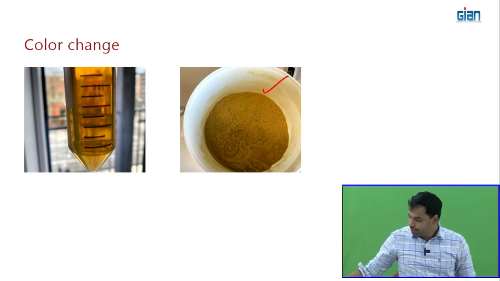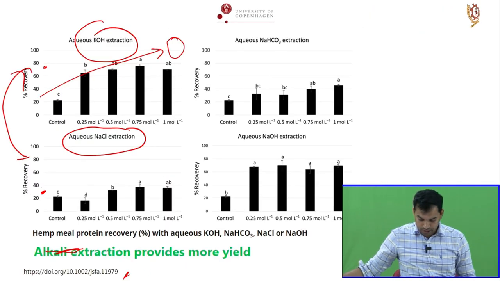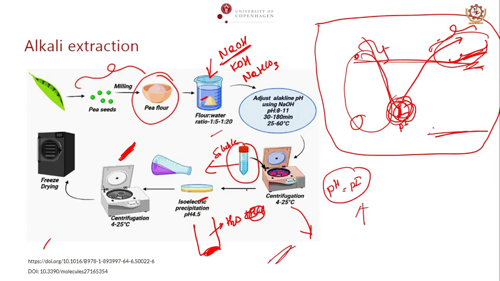Okay? In the previous stage here, I taught you that in this step, you actually precipitate the unwanted thing, and the supernatant contains the protein, right? It's not just protein, it also contains polyphenols, it also contains tannins, it also contains vitamins, whatnot, everything is present here, right?